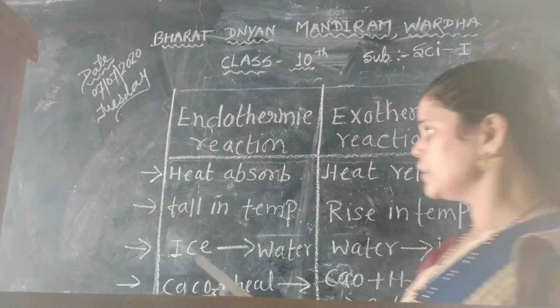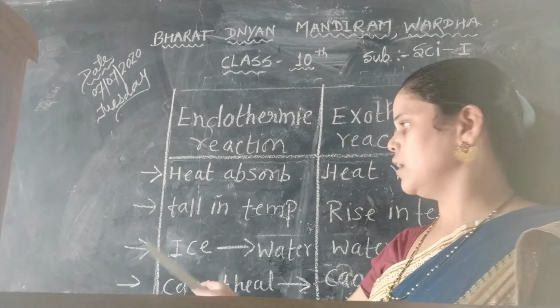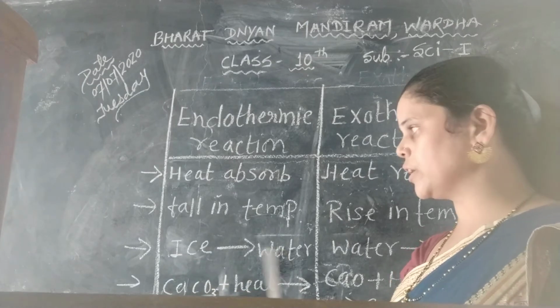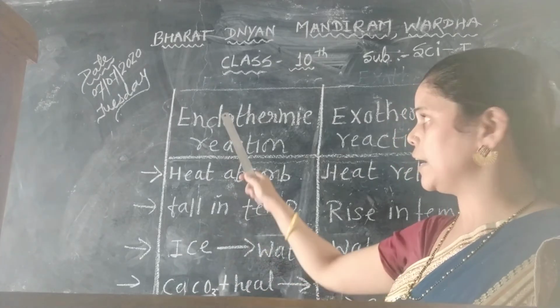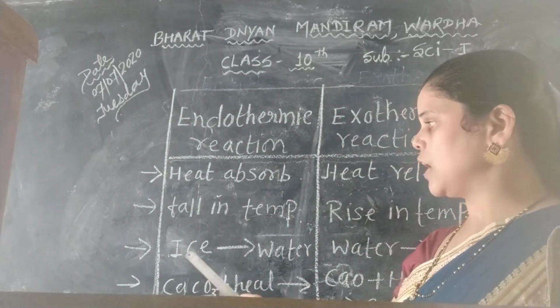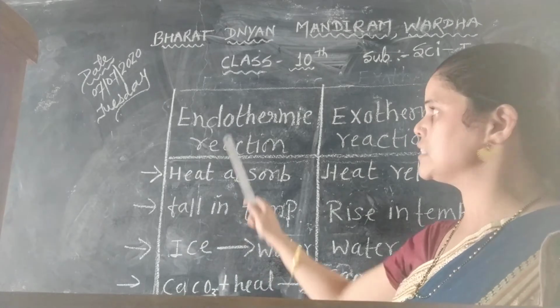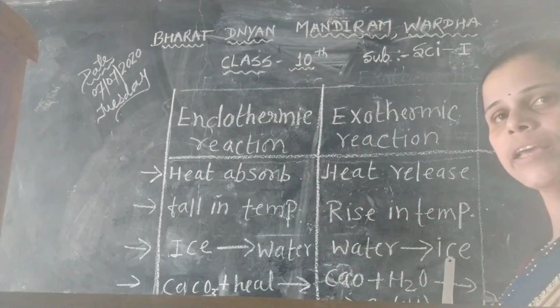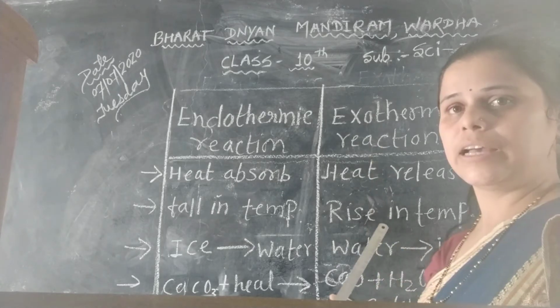Understand? Then the third difference is just examples. The conversion of ice into water is endothermic, and the formation of ice from water is an exothermic reaction.